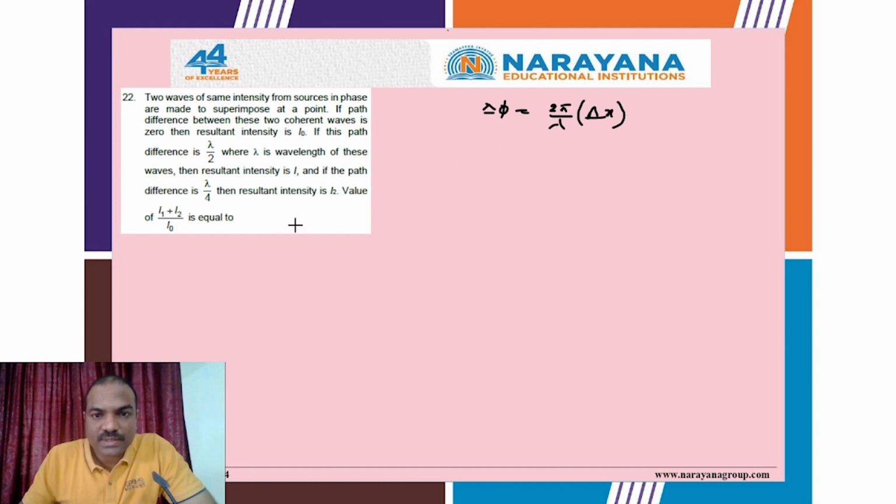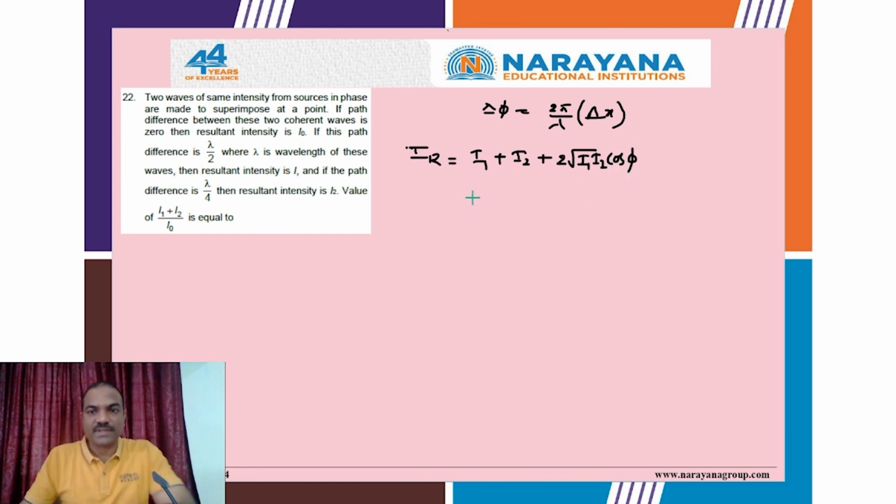So the resultant intensity, in general formula, is equal to I1 plus I2 plus 2 root I1 I2 cos phi, where phi is the phase difference. They are saying that the resultant intensity is I naught when path difference is 0.